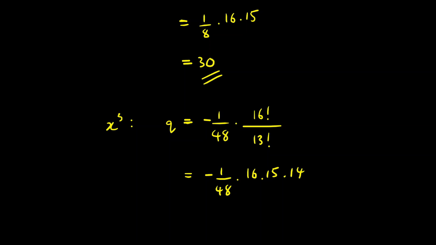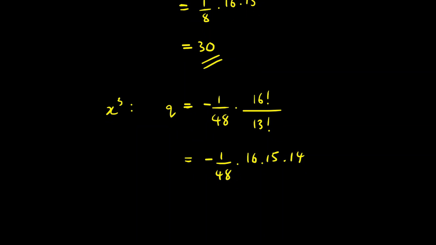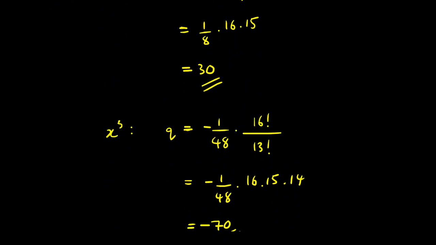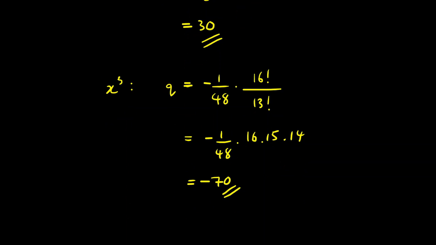But of course, you could use your calculator if you're really not sure about that. I'll key it into my calculator anyway. So 16 factorial divided by 13 factorial is 3360, and I can double check that. 16 times 15 times 14 gives me the same thing. I'm going to divide that by 48, which gives me 70. So q is equal to negative 70. So in the end, I think that n is 16, p is 30, and q is negative 70. And I'm just going to check the mark scheme, make sure I haven't made a mistake.